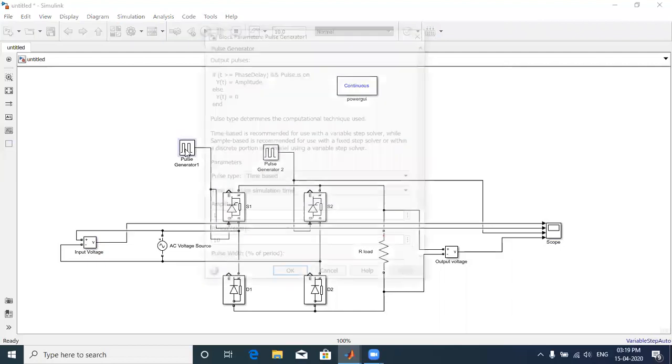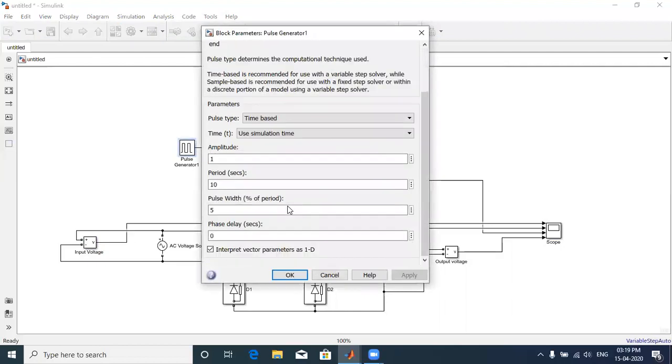So double click on this. Here you have to give the amplitude. Let's say I'm giving 5 as amplitude of the pulse waveform, whatever the triggering pulses we are generating through this pulse generator 1.